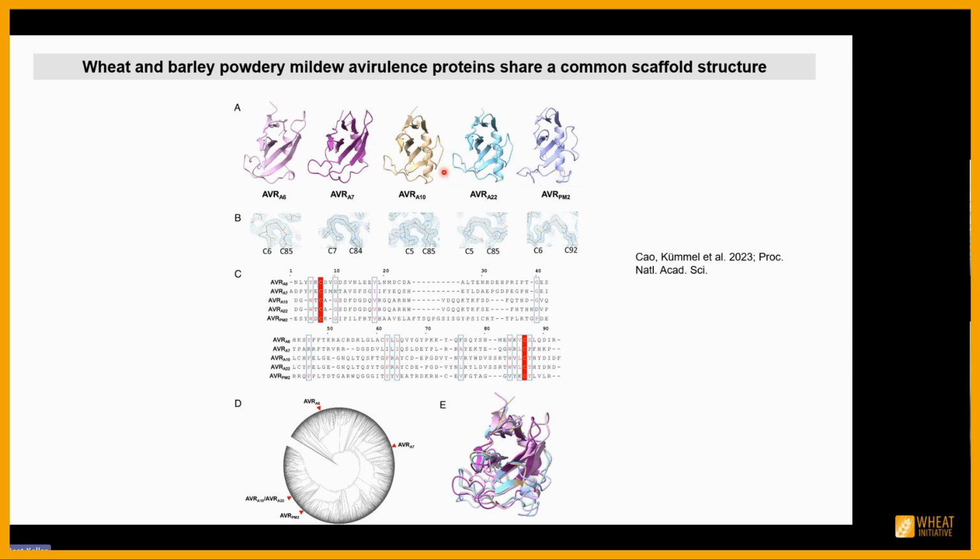And you can see that these structures, which were experimentally derived, are all very, very similar, despite a large sequence divergence at the primary sequence level. They all have this typical RNase fold structure that has been described before, and that seems to be one of the hallmarks of these wheat and barley powdery mildew avirulence proteins.